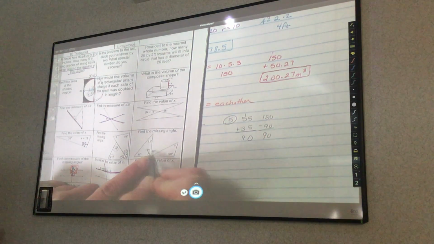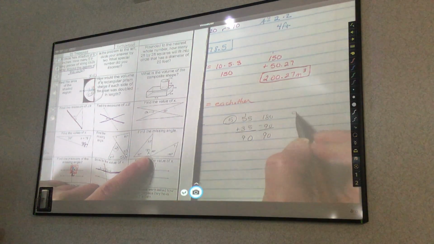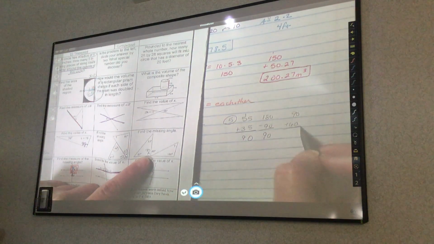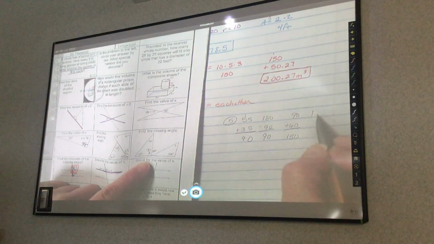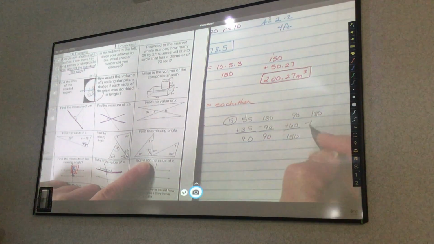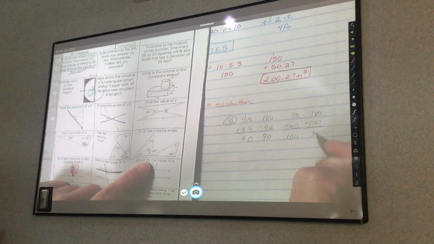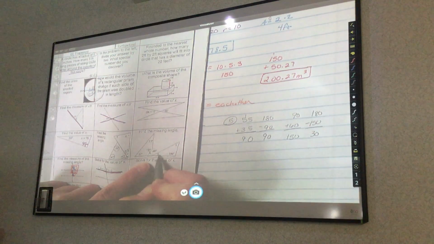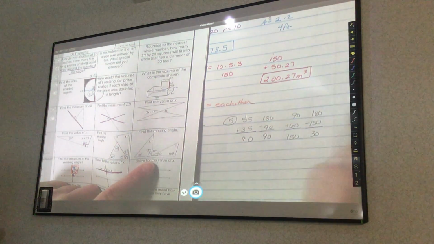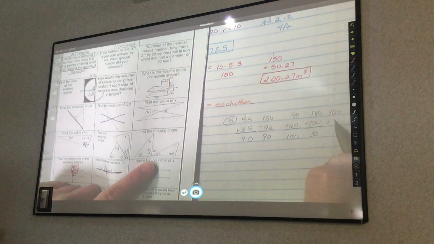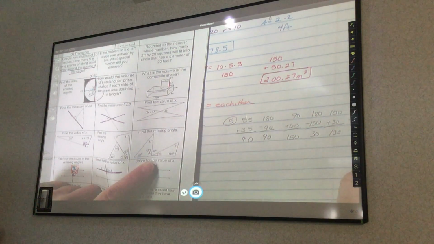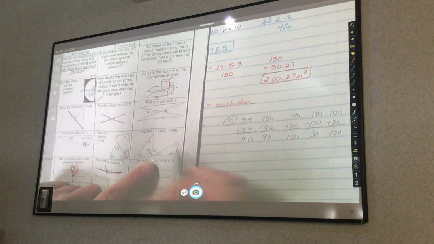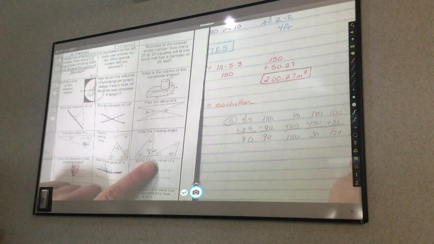So then I take 90 plus 60, and I get 150, but it's a straight line, so it needs to equal 180 minus 150 equals 30. So this angle measurement is 30. So then I take 100 plus 30 is 130. Then 180 minus 130 is 50. So 50 is my final answer.